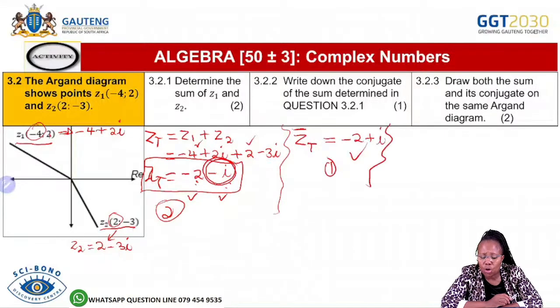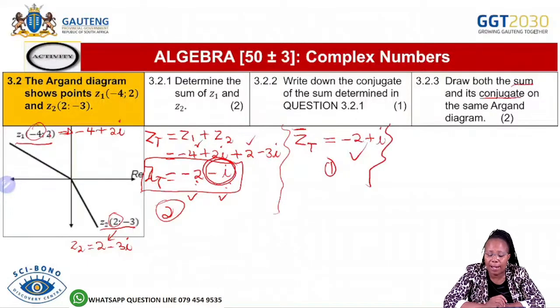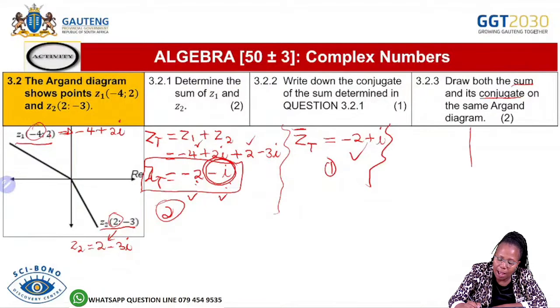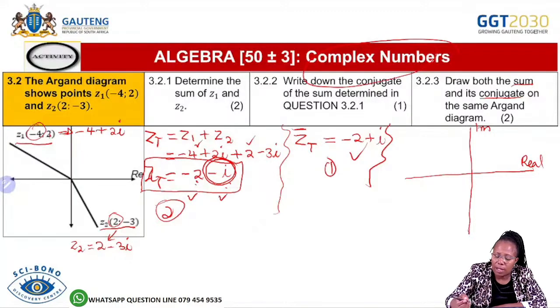And then they say draw both the sum and the conjugate on the same Argand diagram. Remember, our Argand diagram is our Cartesian plane that we use in functions. But in this case, because we are talking complex numbers, the y-axis will be the imaginary numbers, and the x-axis will be the real numbers. Now we want to draw the sum.